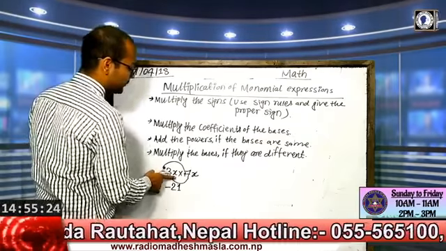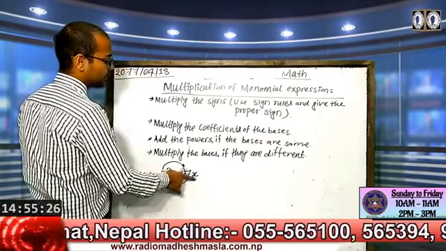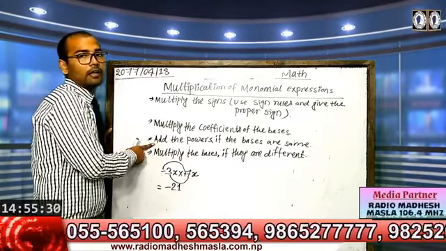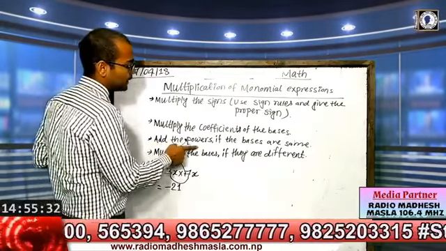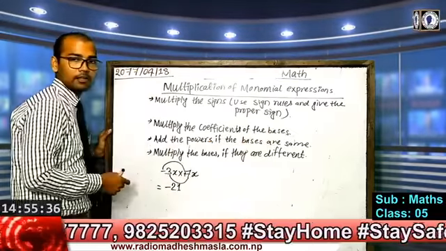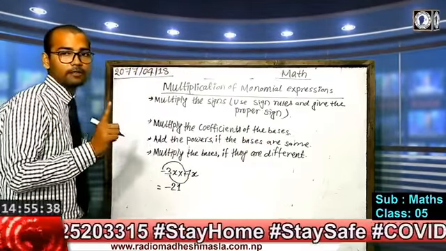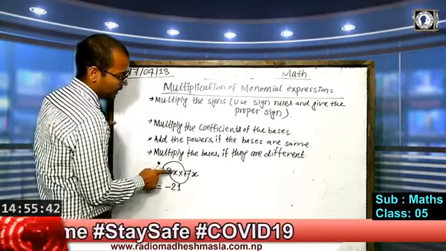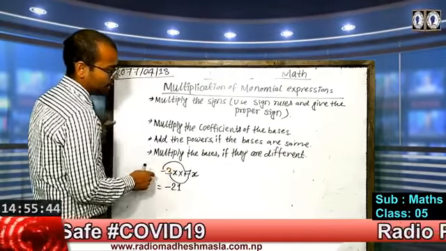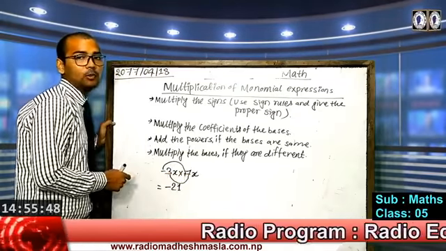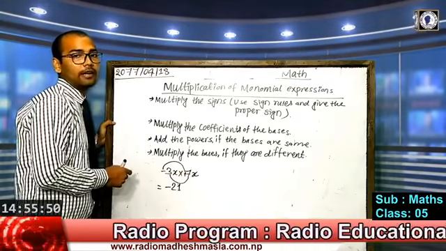Then after, x in the first and in the second also there is x. So look here, the third rule: add the powers if the bases are the same. Don't confuse here. There is no power, both have the same base, x and x, and there is no power on the head of the base.